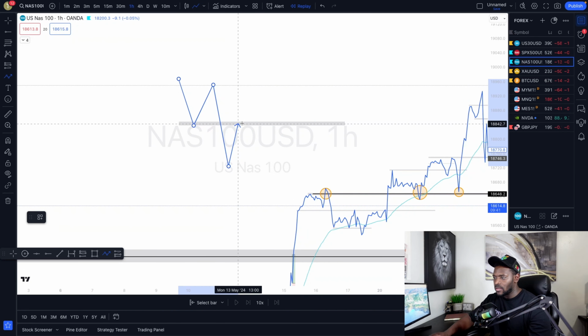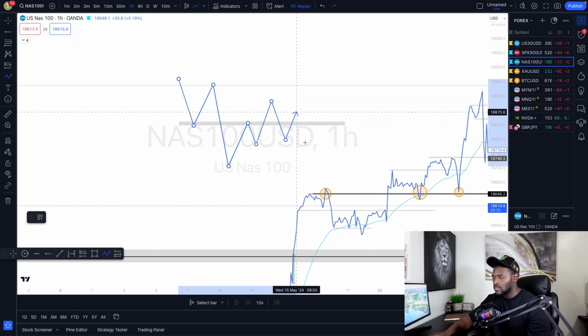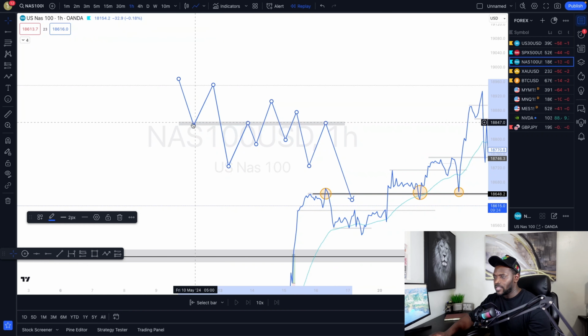I know you've seen this before, but you have to understand how important this is. It can come back down here and it can do some weirdness, but eventually it'll come back to its level, to the major level with the most touches, right?